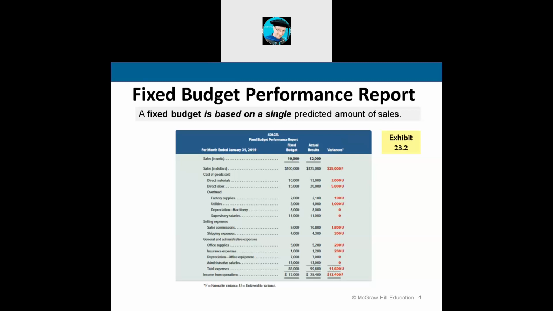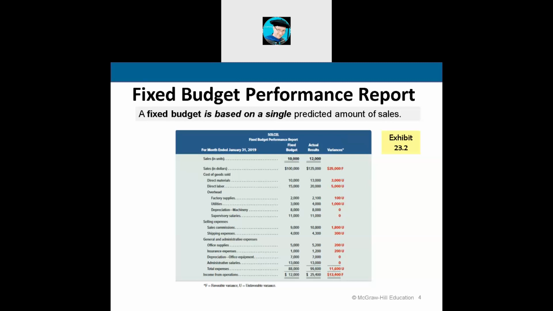I sold more than what I expected to sell by $25,000. That's a good thing. That's why you see the variance is 25,000 F. F means favorable. When your actual sales are higher than what you expected, that's favorable. If the actual sales were less than what you expected, that would be unfavorable. You don't want that.